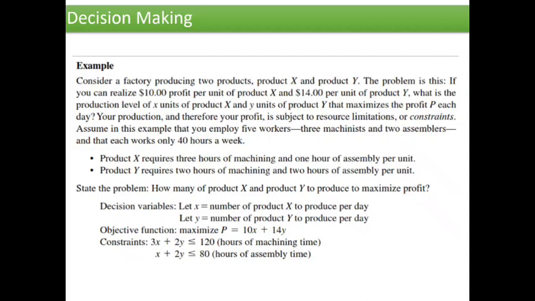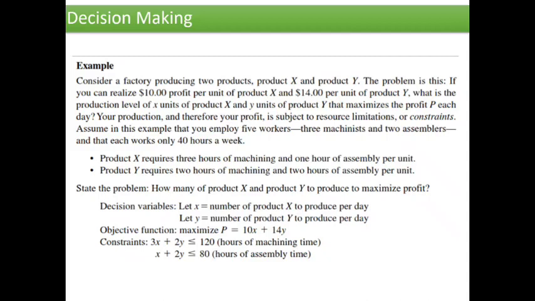Your production, and therefore your profit, is subject to resource limitations or constraints. Assume in this example that you employ 5 workers, 3 machinists, and 2 assemblers, and that each works only 40 hours a week. So this is the problem you have, and the basic profit on product X is $10 per unit, and on product Y, $14 per unit.